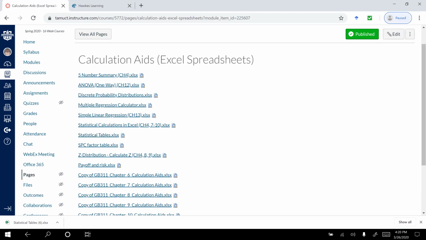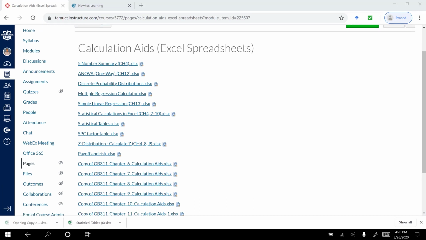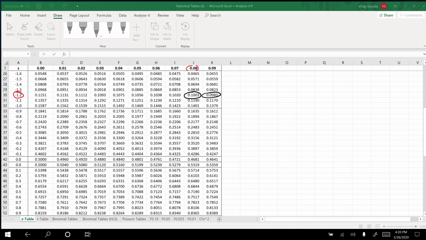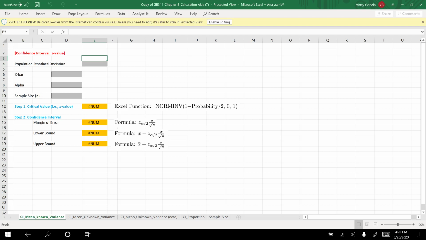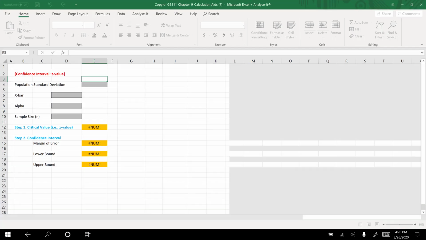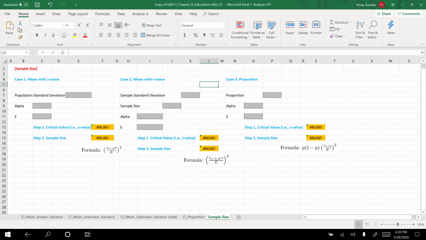I will download the chapter 9 calculation aids and enable editing. Currently we are in the confidence interval mean known variance spreadsheet. We have to go to sample size.